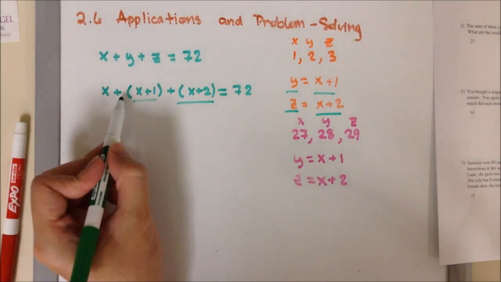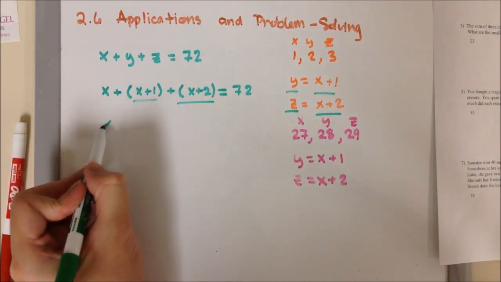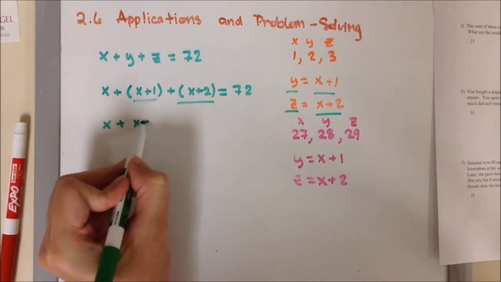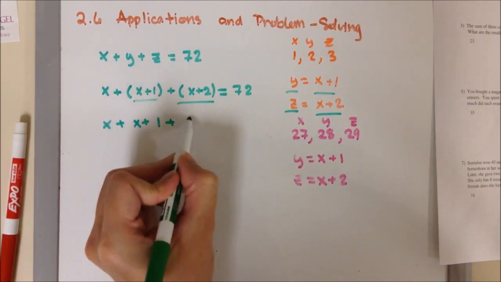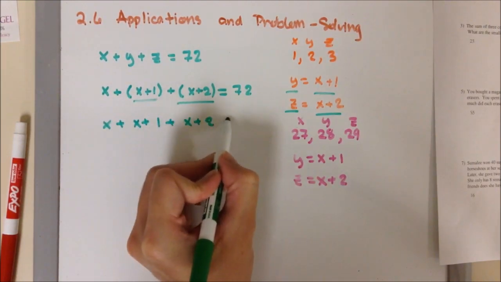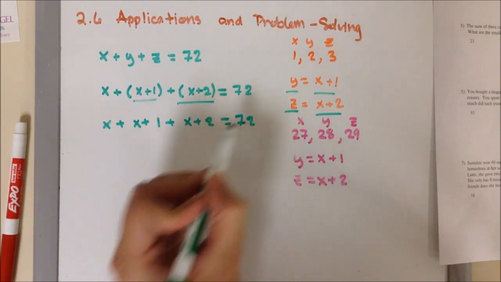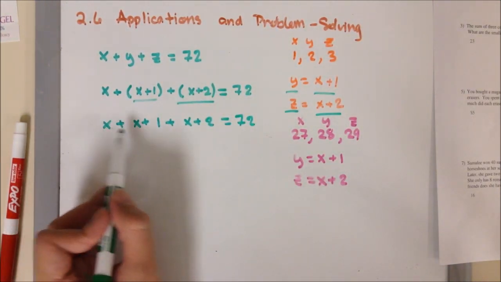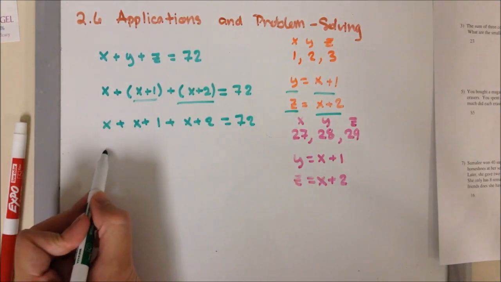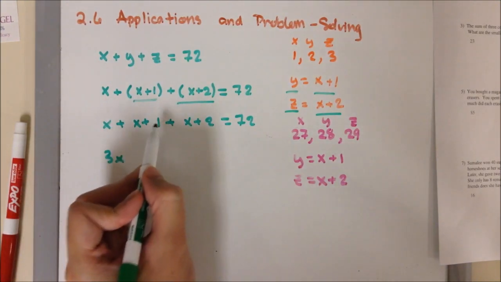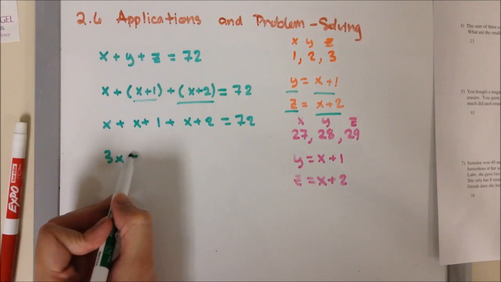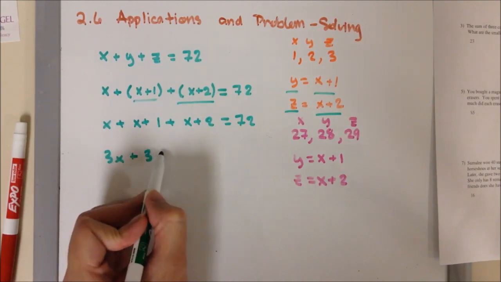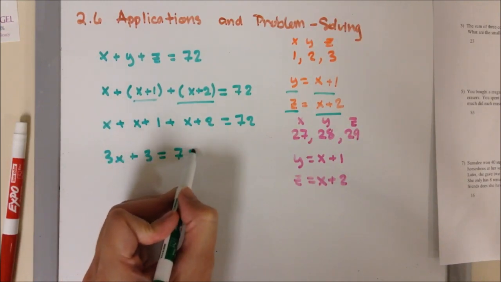Since it's a plus in front of the parenthesis, I'm going to drop it. So it's x plus 1 plus x plus 2 equals 72. Now I'm going to combine my like terms. x plus x plus x is 3x, and then my numbers, 1 plus 2, is plus 3, equals 72.